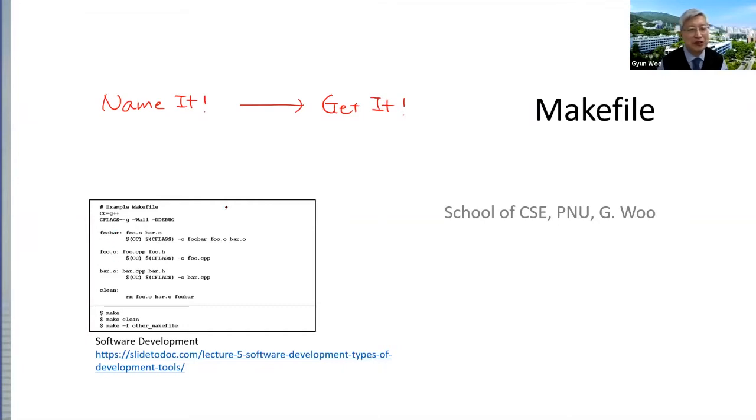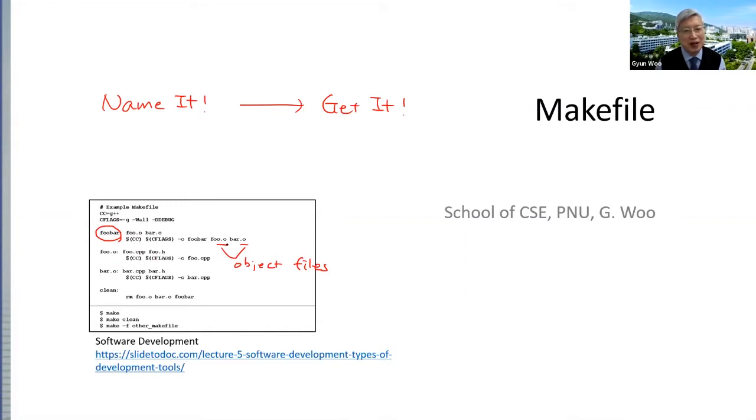So if you want a program which is called foobar, you just name it. How to do that? Compiling the object files using the C++ compiler, g++ here, and CFLAGS is like this.